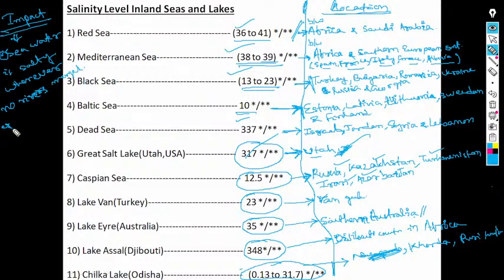For example, the coast along the Red Sea: here hardly any river merged in the Red Sea. Hardly any river. Next, quickly see.